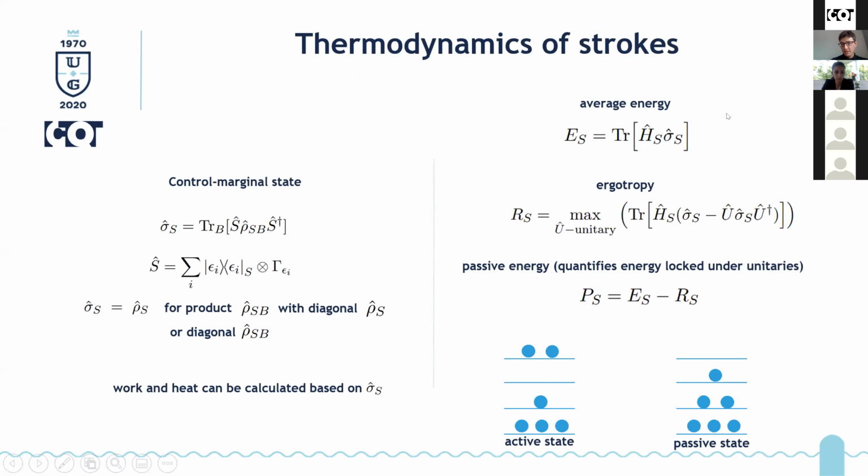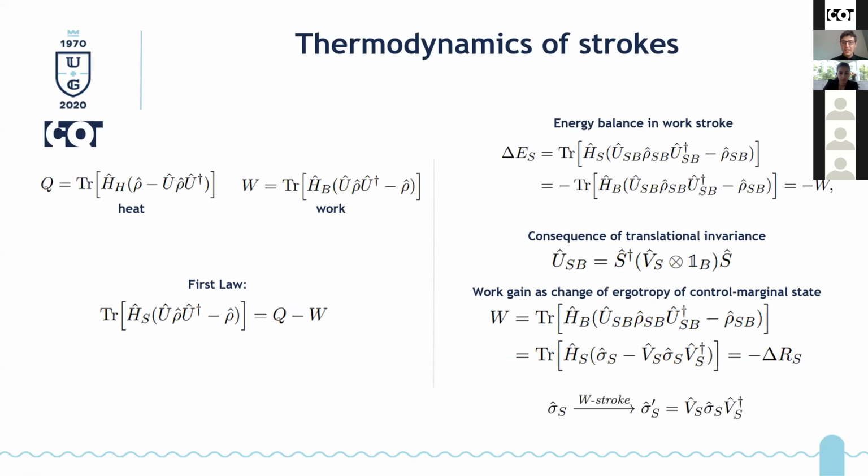We define major figures of merit, which are the average energy of the system, and the ergotropy, which is the maximal amount of energy that you can get from a state when you perform some unitary operation on it. And then we will use these figures of merit in order to describe the whole operation of the engine.